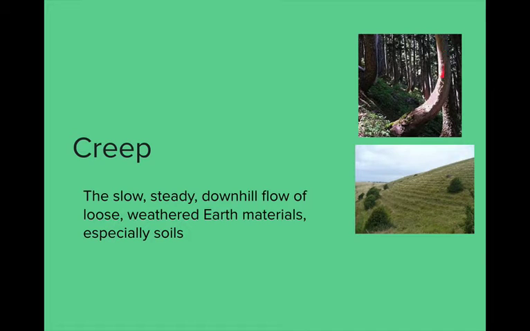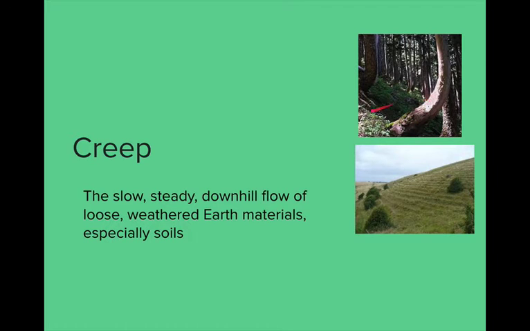But the soil underneath it has moved downhill and caused all of these trees to rotate out of their straight up and down orientation to this downward leaning orientation. And then eventually the tree rights itself and continues to grow straight up.